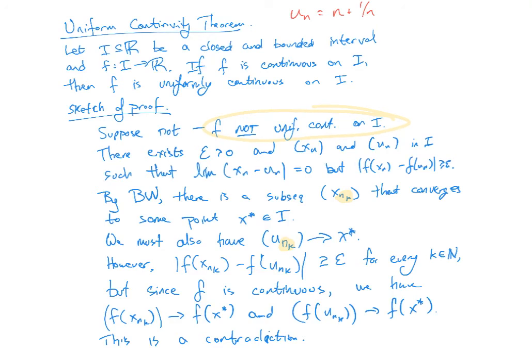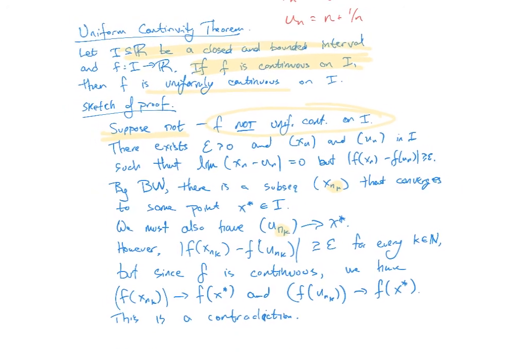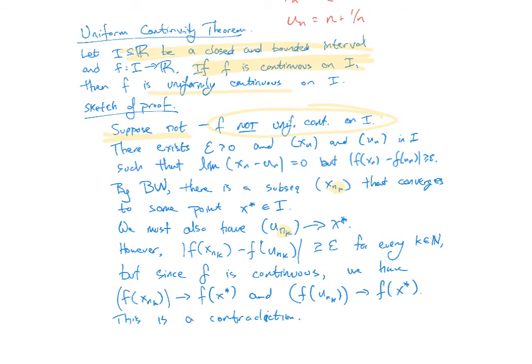When we say suppose not, what I mean is we're supposing that I is a closed and bounded interval, and f is continuous on I, however f is not uniformly continuous on I. And then we're deriving a contradiction.